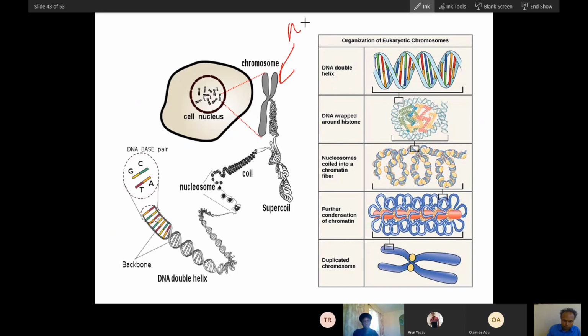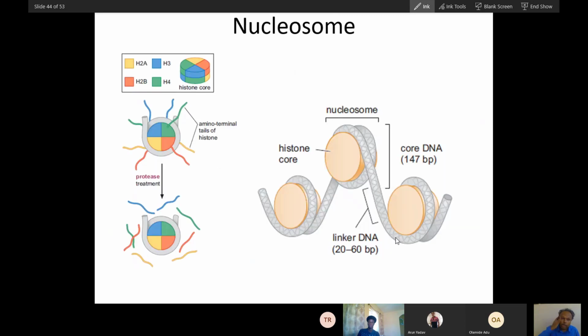This is metaphase, the genetic material in metaphase. So you have to understand how it will fold. This is the bead-on-string structure, and this is the chromatin fiber, and then it will undergo further two-step condensation to form chromatin. Understand this condensation.